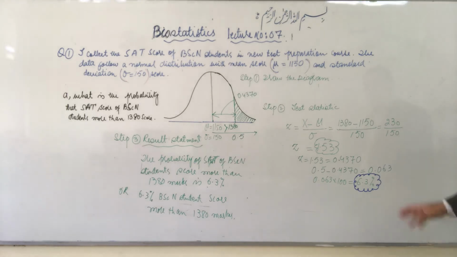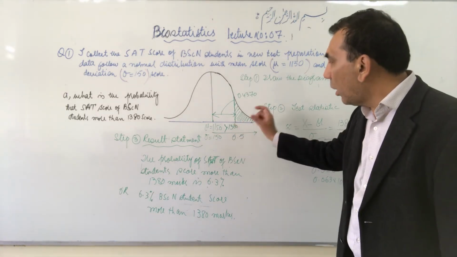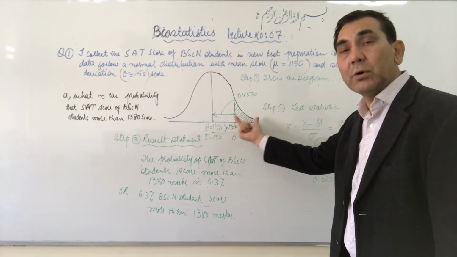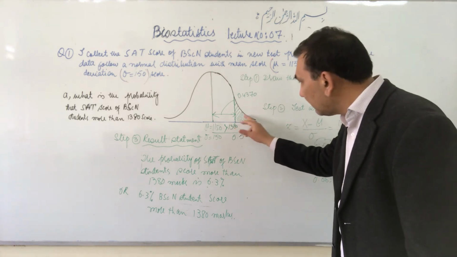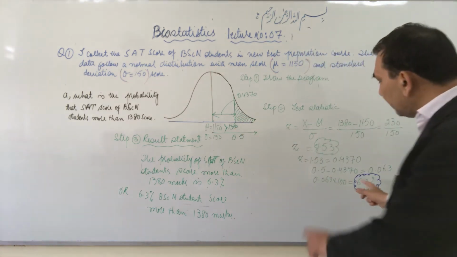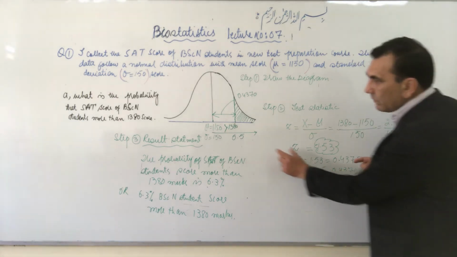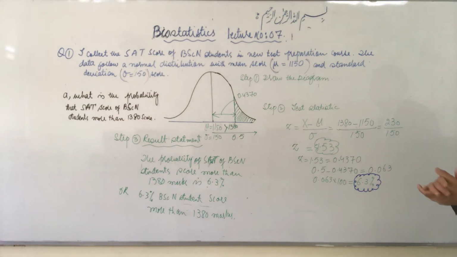But we are concerned with the probability that students scored more than 1380 marks, so we are concerned about this area. So we subtract this value from 0.5 and come up with the result of 6.3%.